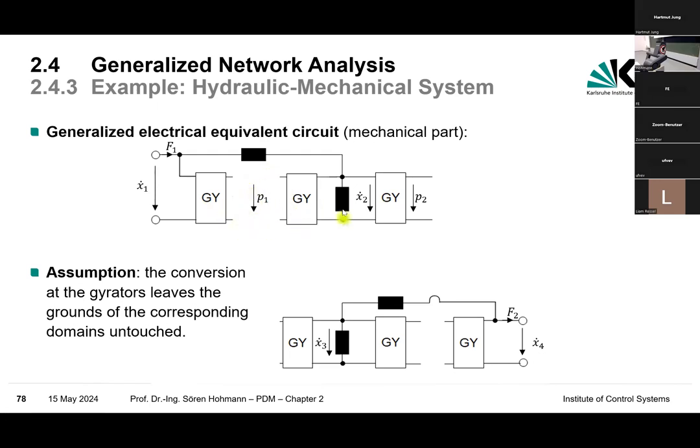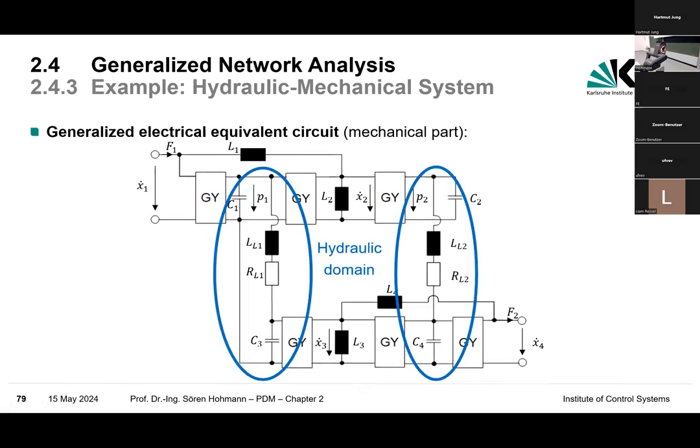Then again, force and velocity into pressure and volume flow, etc. On the right-hand side, you have the same. And in between, you find liquid pipes. In the hydraulic domain you find a capacitor, the pipe itself, and that's it. So here you find the hydraulic domain. The mechanical domain is given here.